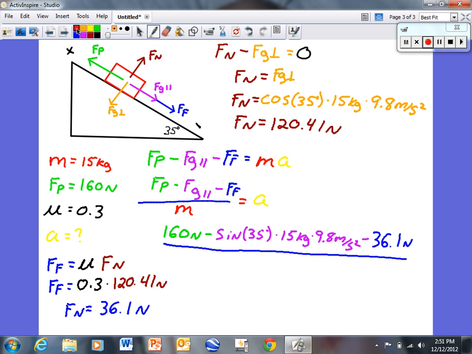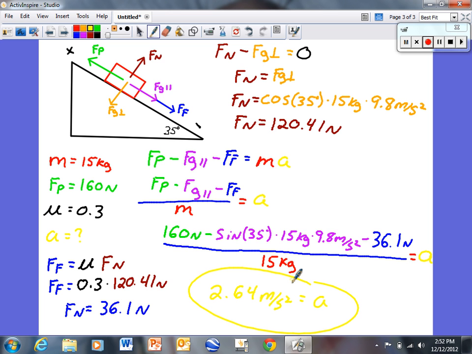I divide all of that by the mass of the block, which is 15 kilograms. And that will give me the acceleration. When I plug all of that into my calculator, what I will get is 2.64 meters per second squared for the acceleration of the block.